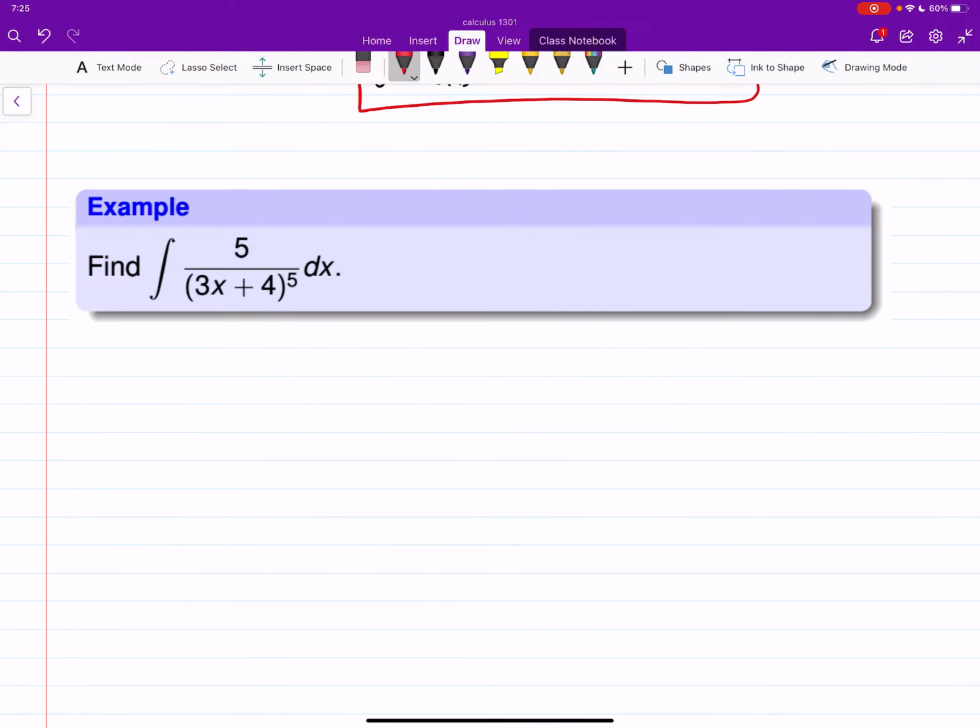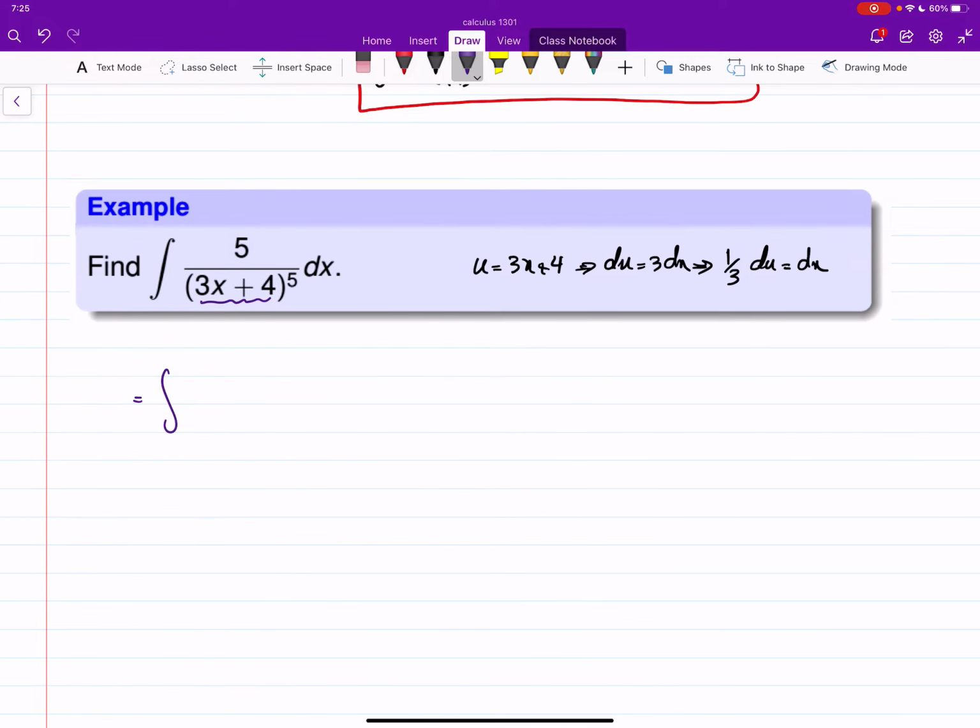In this case, again, I have a linear term to the power 5. So the substitution is 3x plus 4 equals u. Du is going to be 3 dx. Since 3 is just a number, I will take it to the other side, so that changing to the u integral will be easier.